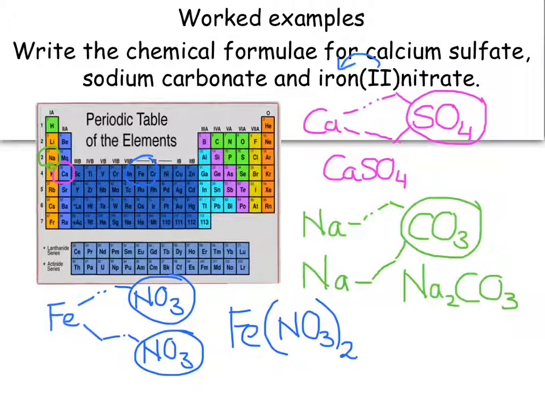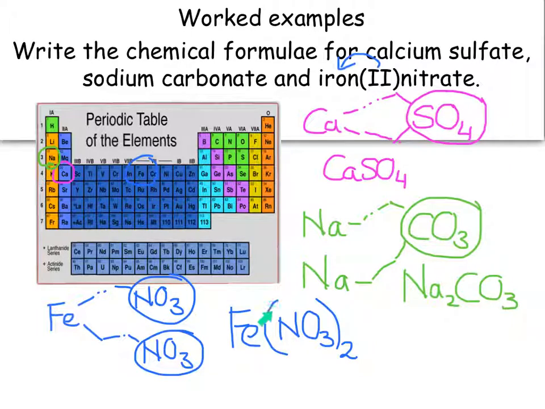Now it's important, in the same way as it's inappropriate to use stock notation when you don't need it, it is inappropriate to use brackets when you don't need them. So, if you've only got one of the polyatomic group, you do not use brackets, as in this case here with the carbonate. If you've got 2 sodiums, you do not use brackets to symbolize that you've got 2 of a single atom.